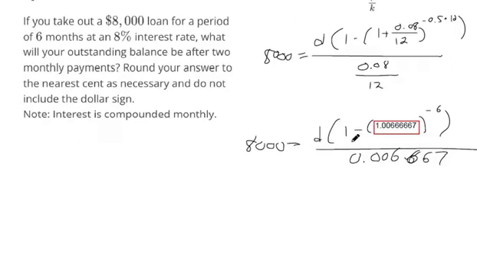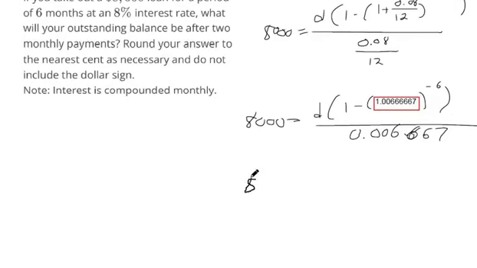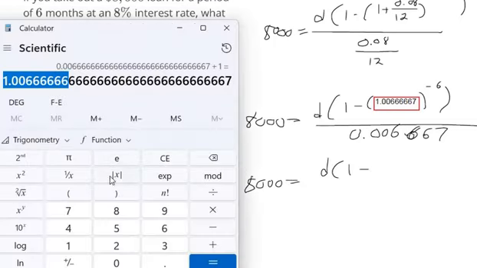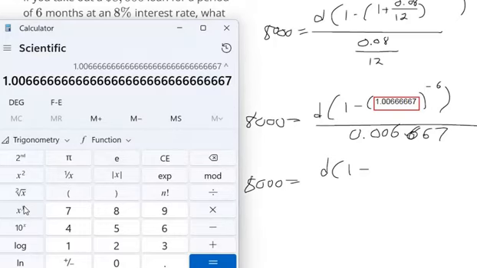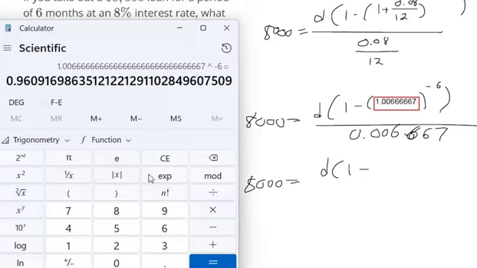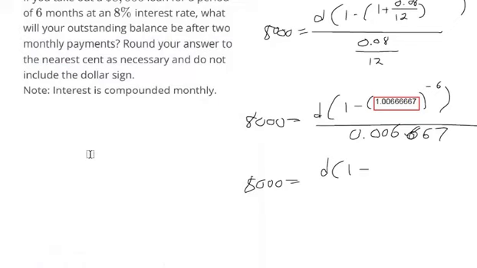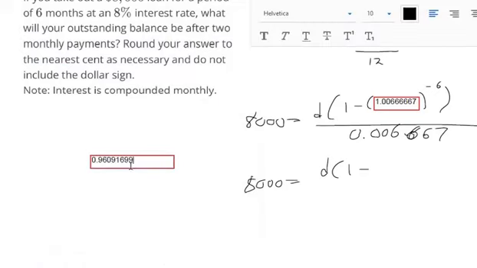Okay, and then the next part, we can do the exponent that's happening inside the parentheses. So we got 8,000 equals d times 1 minus this raised to the negative 6 power. So I'm going to type 6 and a negative sign. So this is what the numerator is, 0.96. We'll round there.